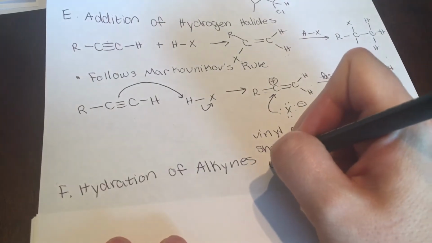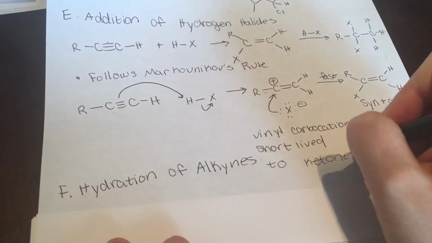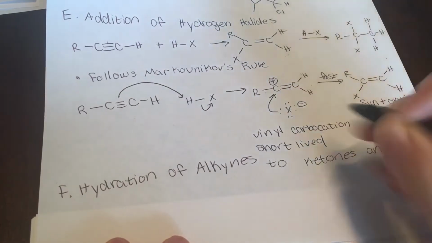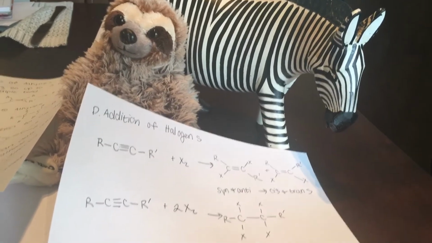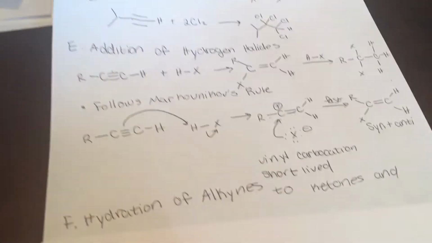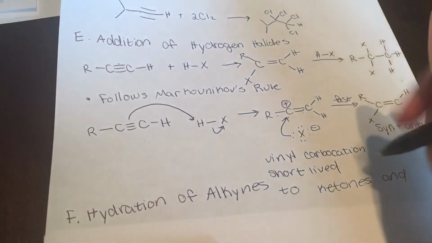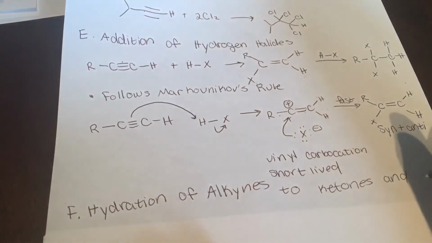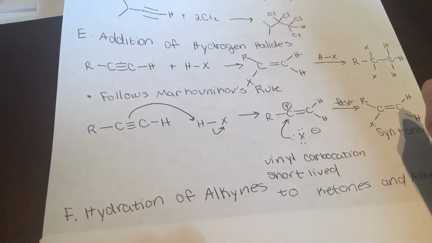And you're like, what? Ketones and aldehydes? How does this happen? I know, Ricky and Stripes, they're also thinking, what's going on here? So I will totally clue you guys in. Hydration of alkynes to ketones and aldehydes.